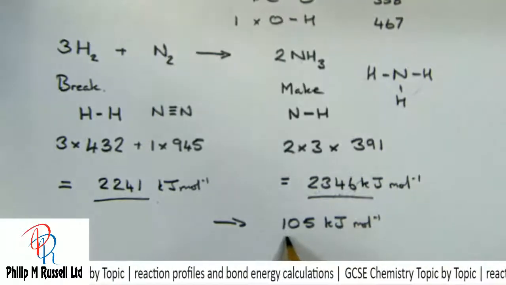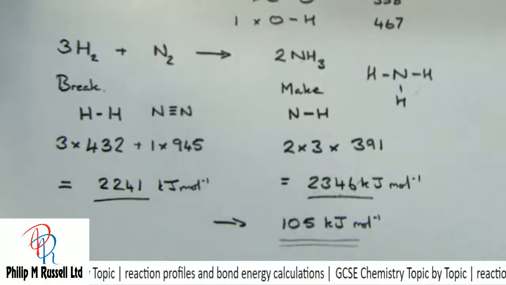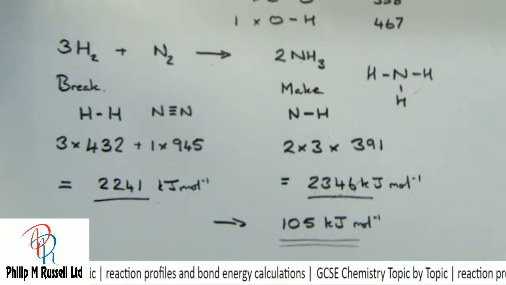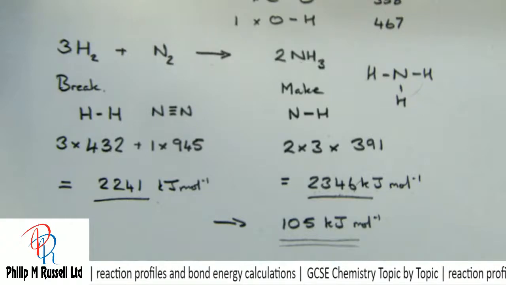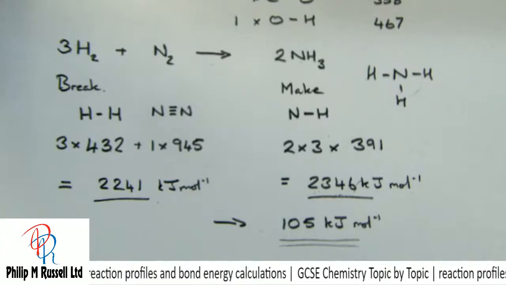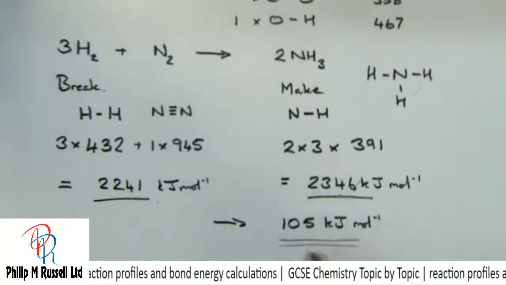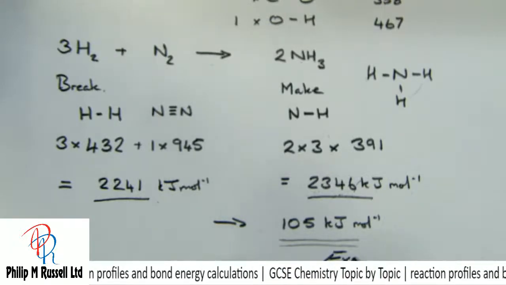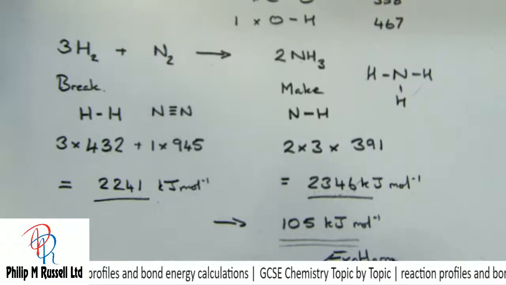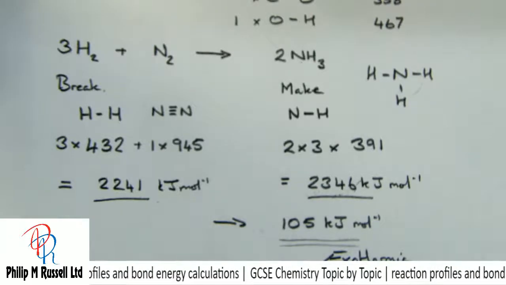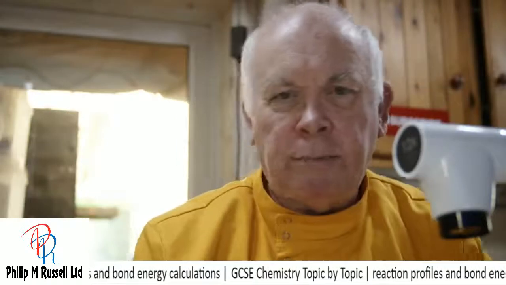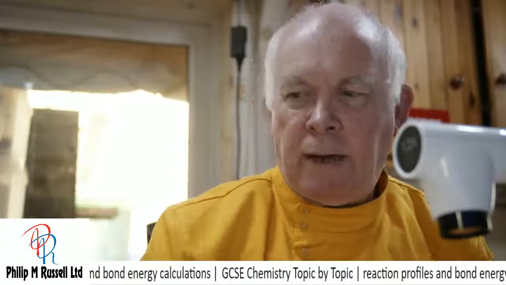So I've got here a surplus of 105 kilojoules for every mole. What happens to this? Well, this means this is an exothermic reaction. It is going to give out a small amount of energy.